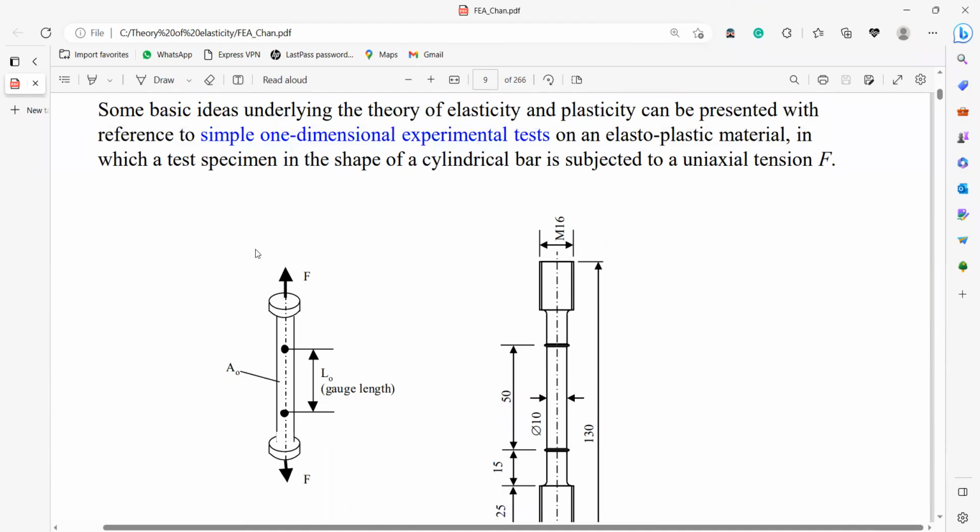It's only along this axis you have the forces. At one end it is going to be fixed and the other end it is going to be pulled. But this cylindrical rod is subjected to tension. That's why you have one force at the top and one force at the bottom.